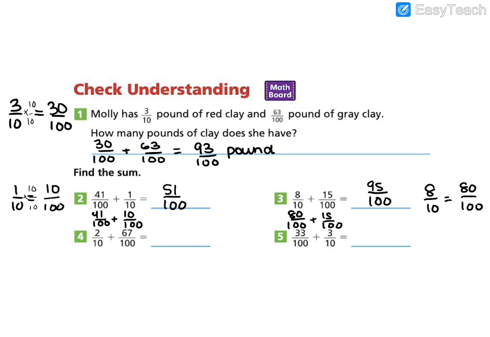We have 2/10 plus 67/100. 2/10 will equal how many hundredths? 2/10 is equal to 20/100, plus our 67/100 will give us a total of 87/100.